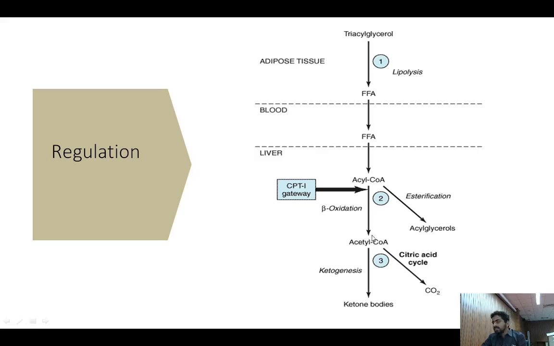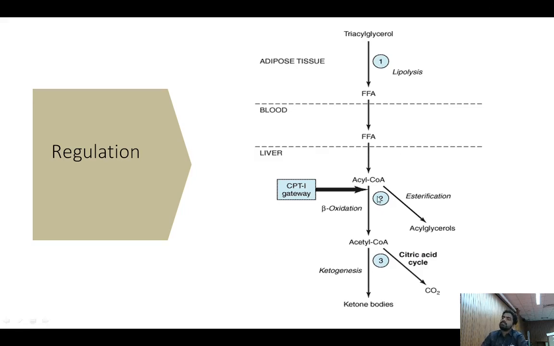If it undergoes beta oxidation, it will form acetyl coenzyme A. Now this acetyl coenzyme A can go either into the citric acid cycle or into ketogenesis. If sufficient carbohydrate is present, that will lead to more formation of oxaloacetate, and that oxaloacetate will help in taking this acetyl coenzyme A into the citric acid cycle. If oxaloacetate is low because of low glucose in the body, this acetyl coenzyme A predominantly will go into ketogenesis, forming ketone bodies. Okay, this is the full regulation in short.